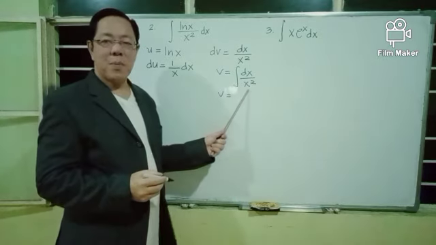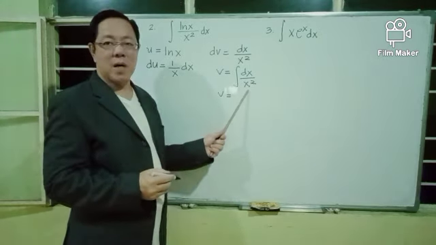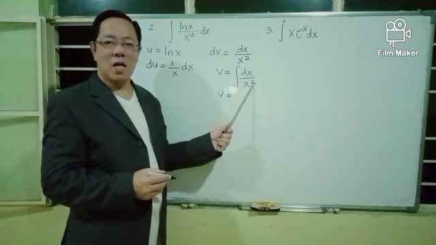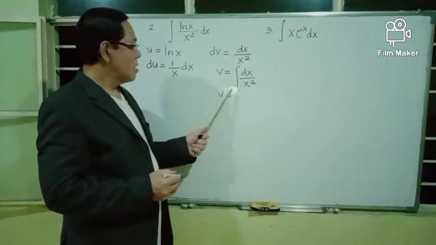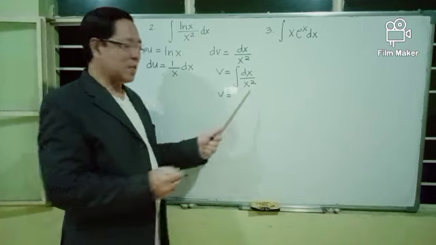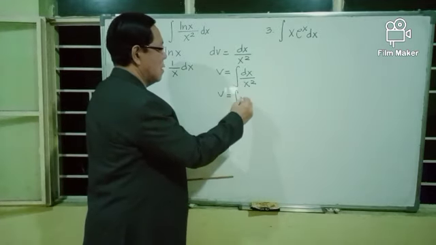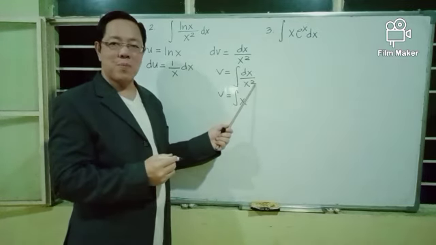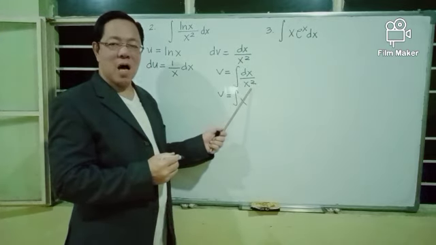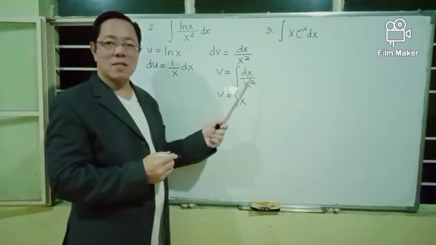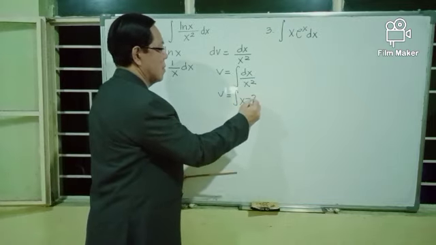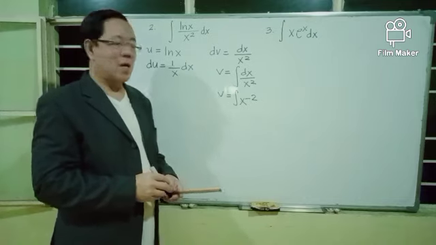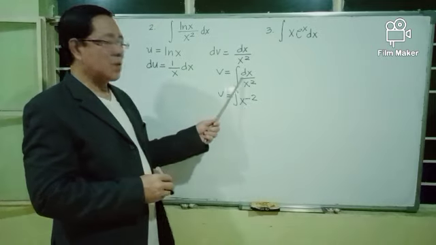We apply the power rule to this integral, but first we bring x squared to the numerator and take the opposite sign of the exponent of x. So the exponent of x after you bring it to the numerator is negative 2. That's by property of exponents from your course in algebra. And we integrate this with respect to x.